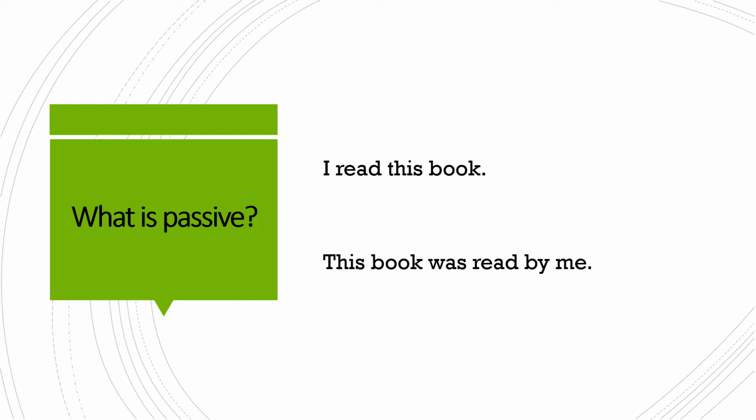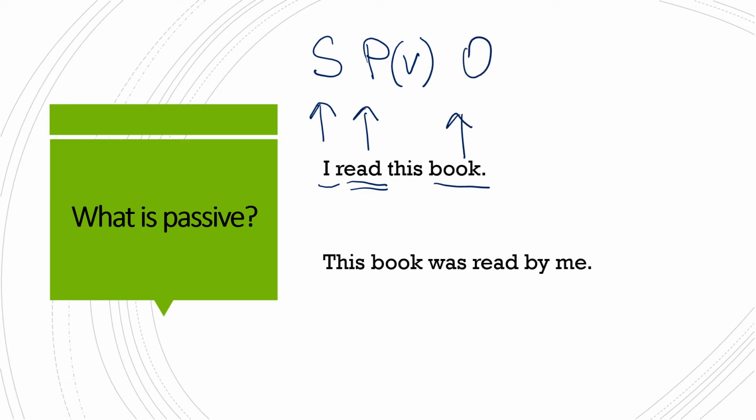Let's take a look at the example. I read this book. I is the subject of the sentence. Read is the predicate or verb, and this book is an object. It's an easy sentence. So what happens when you turn this sentence from active voice, this is an active sentence, into passive voice?